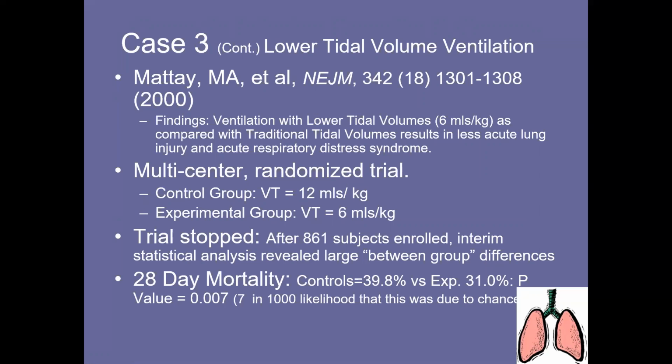So a 0.05 or less is the threshold. This wasn't that. This wasn't 7 chances in 100. It was 7 chances in 1,000. So what that told us is the 39.8% versus the 31% was a very, very big deal.